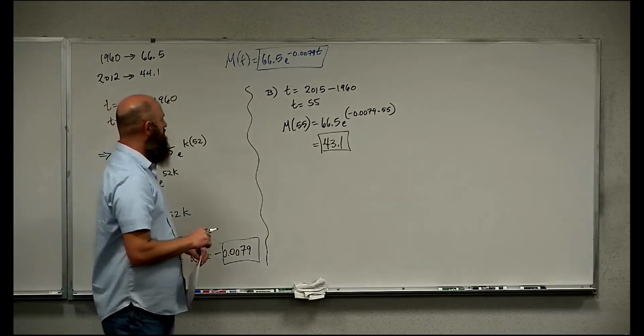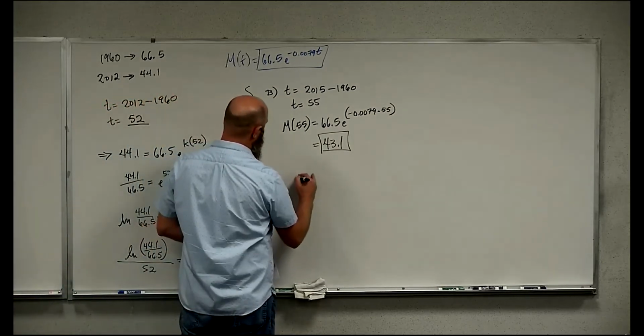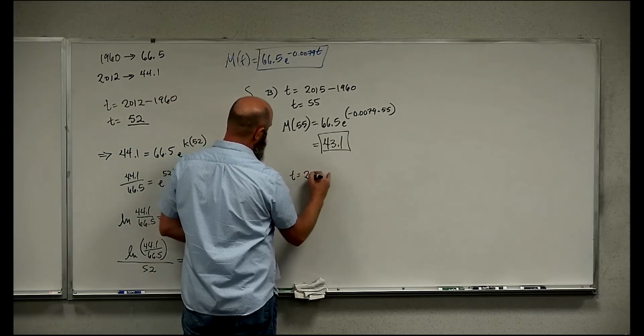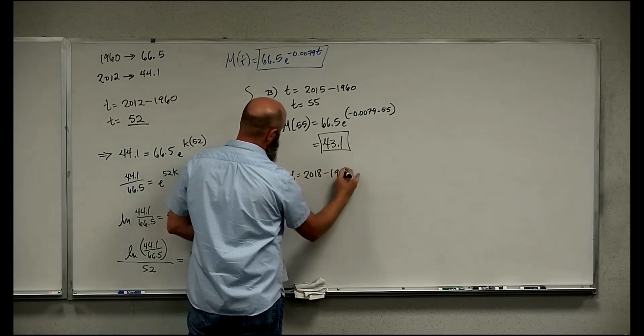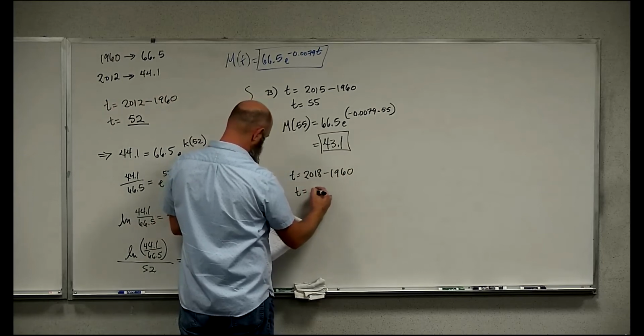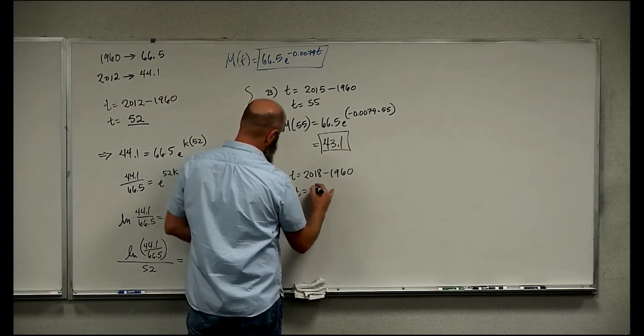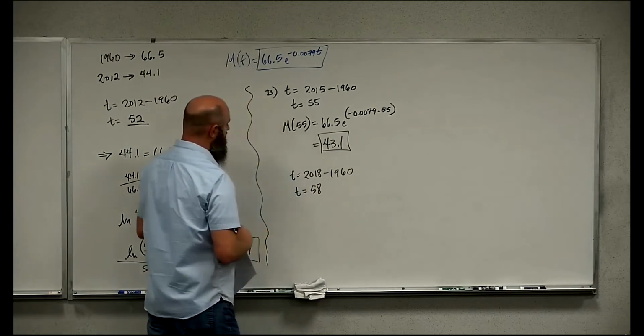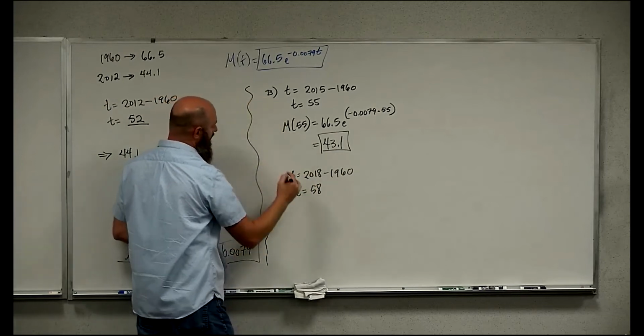But we also have to do the 2018 minus 1960. So t is going to be, what is that one, 58. Now I plug 58 in.